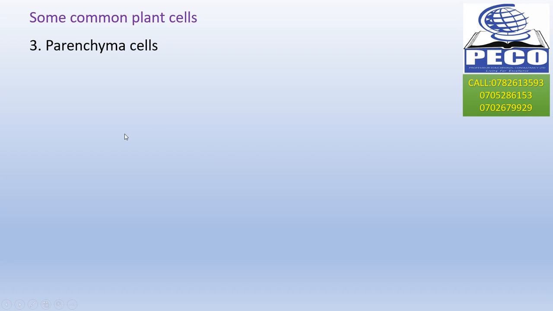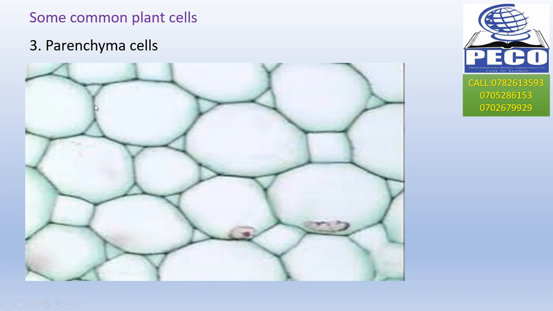Look at the parenchyma cells. When you look at the parenchyma cells, they are packed, and you can see that they really don't have the chloroplast, and that means that if they are packed, then they're going to make the plant strong. They give extra support to the plant. Okay, they give it strength.